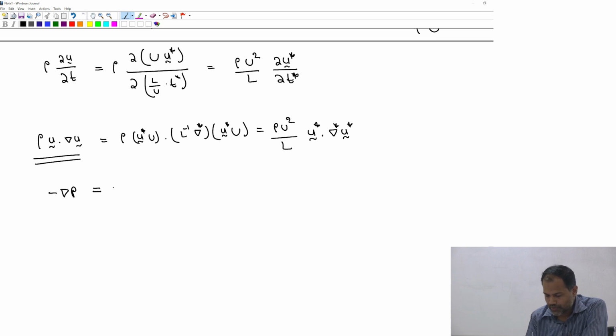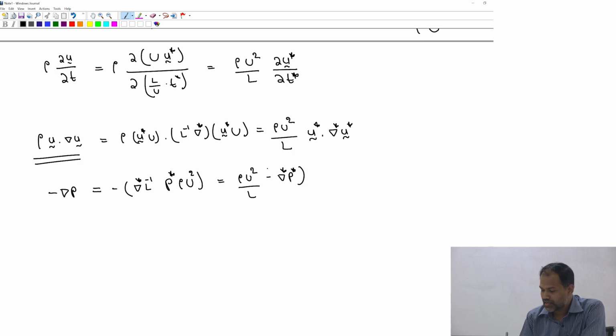So that's equal to minus grad star L inverse acting on pressure. Pressure we said we will non-dimensionalize as P star rho u square. So you're going to get rho u square by L times minus grad star P star.